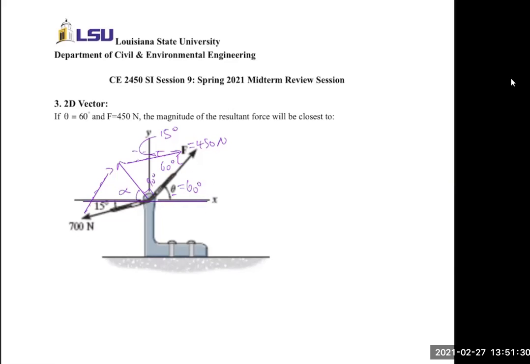So to find this, I simply take 180 minus 90 minus 60. Okay, I got my alpha equals 30 degrees. So this will be 30 degrees.